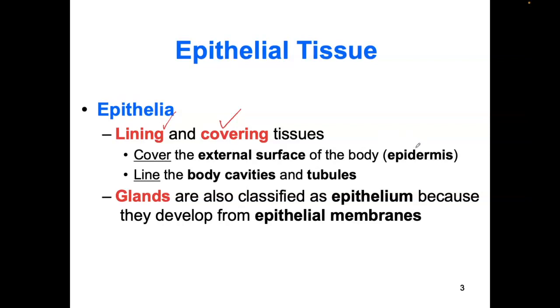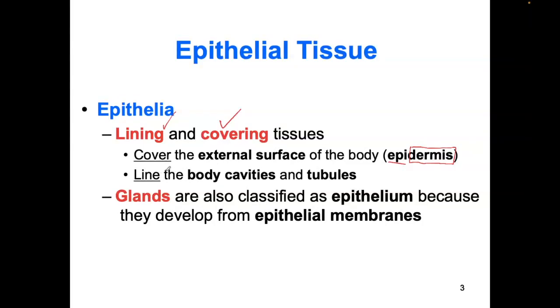And when we do the skin, skin is dermis, epi is above. So when we talk about the skin we will talk about epidermis, dermis, and then what's below the dermis is hypodermis. So the covering of the skin, the epidermis, is epithelial tissue. That's a covering.